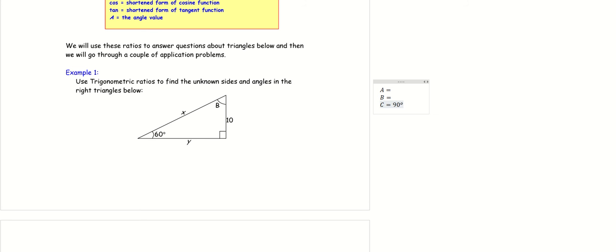So we already have one sure answer: C is equal to 90 because this is always 90.